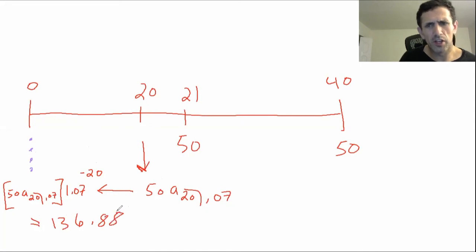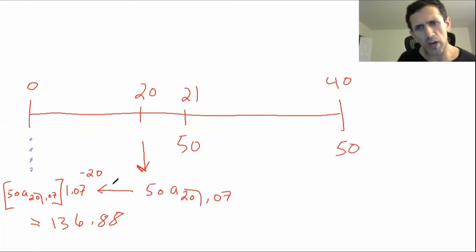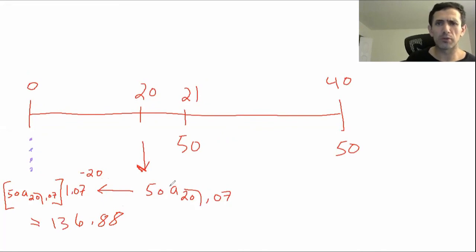And it shouldn't be surprising that this is considerably less than the present value of the $30 annuity, even though this is a $50 annuity, because we're asking for the value 20 years prior to when this annuity starts. So we're discounting it by 20 years, and hence it loses a lot of its value, discounting at 7% effective annual interest rate, not nominal.